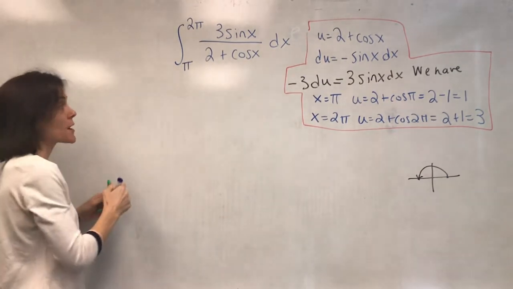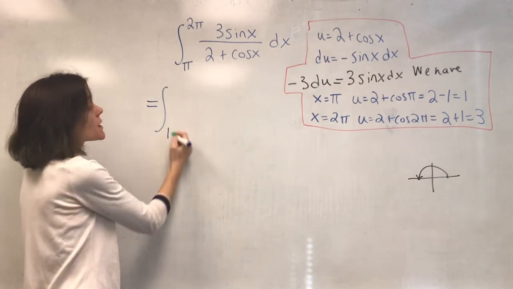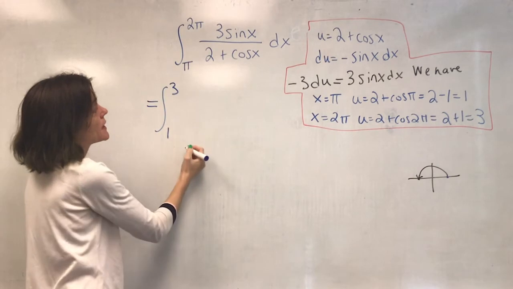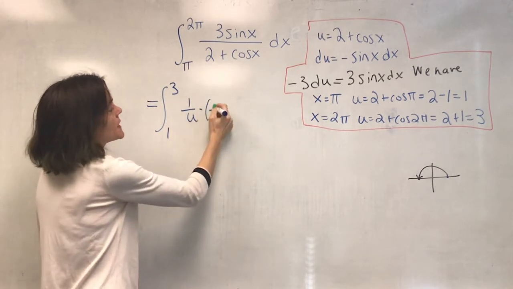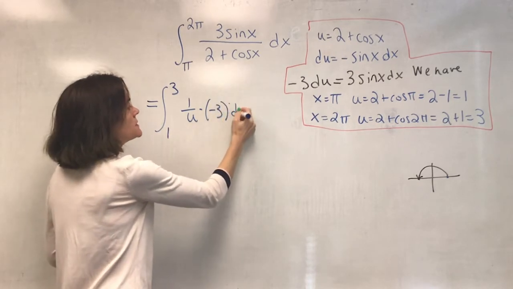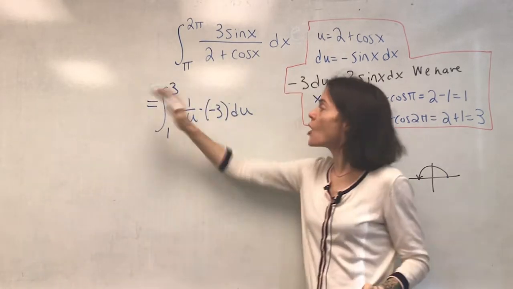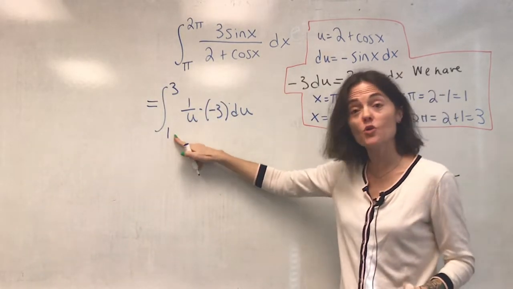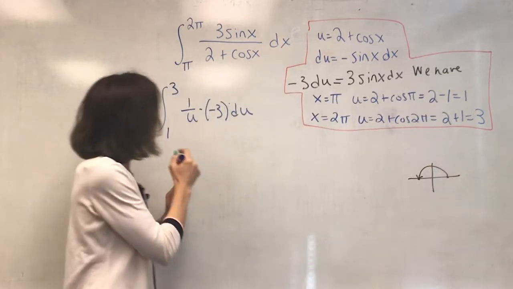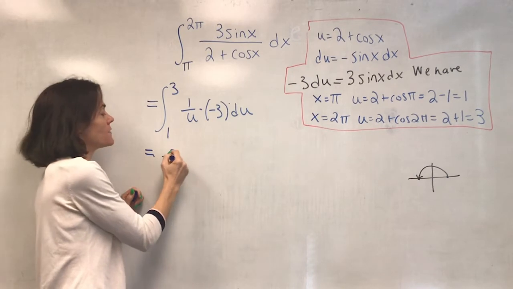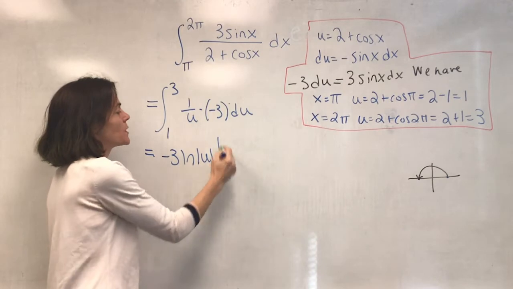Okay, now here we go. It's an integral. It goes from u equals 1 to u equals 3, and I have 1 over u times minus 3 du. Okay? You notice again, I have no x's here. This is u, du. Then I have negative 3 ln, absolute value of u, evaluated between 1 and 3.